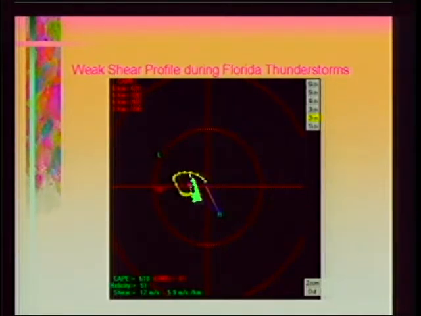Even these wind speeds here are fairly light, all less than 10 meters per second. So a thunderstorm developing in this environment doesn't have a very intense updraft, and it's not going to be influenced much by a change in wind direction or wind speed with height. So this is a typical situation for an air mass, garden variety type thunderstorm.